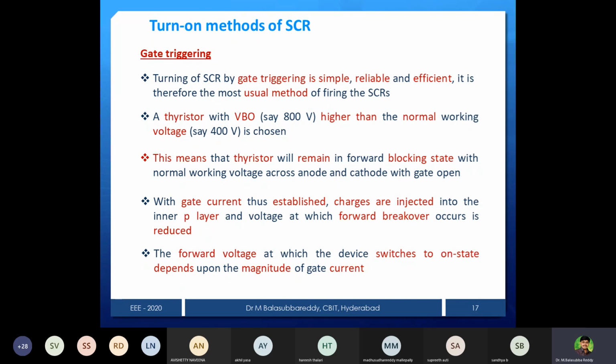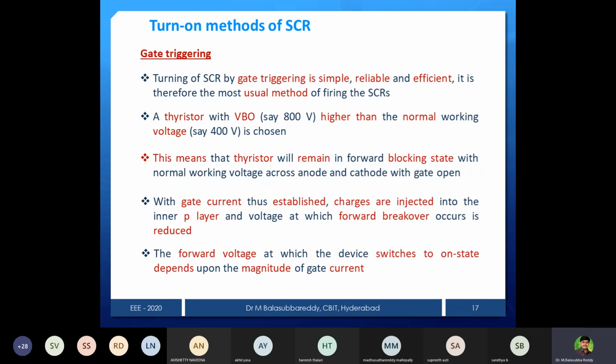So that is how we trigger, but how far can I increase the gate current? It should not go beyond the maximum. Let us assume the minimum gate current is 1 milliampere, but you pass a gate current of 0.5 milliampere. Will the thyristor trigger or not?